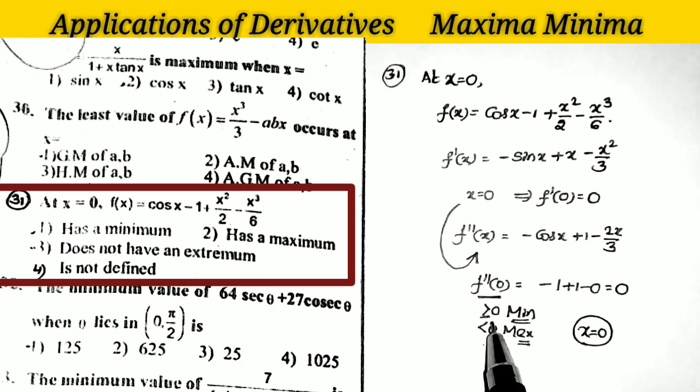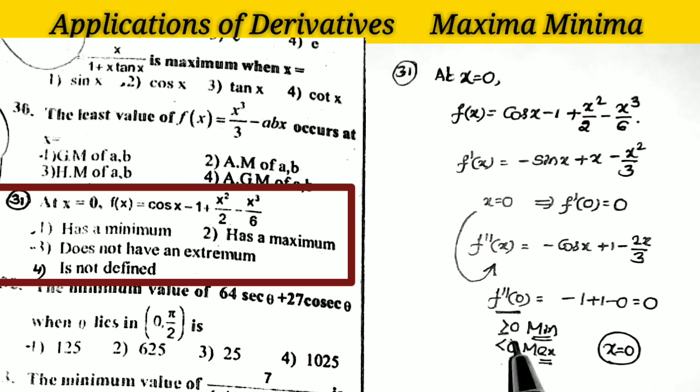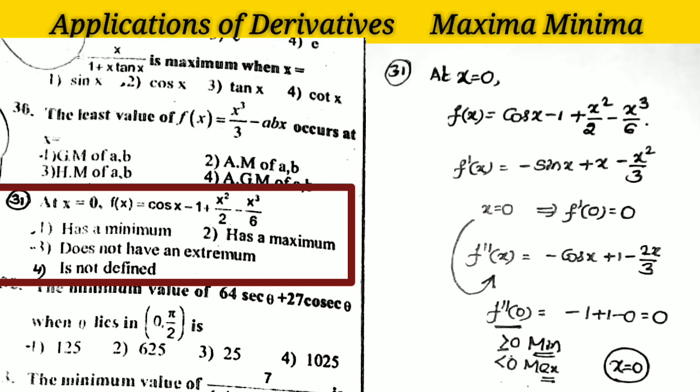And if this value is greater than 0, then we can tell that the function has the minimum value. Depending upon the value greater than 0 or less than 0, we can tell minimum or maximum. But here we get f double dash of x equal to 0. Equal to 0 means it has no minimum or maximum value at x is equal to 0. That is the third option.